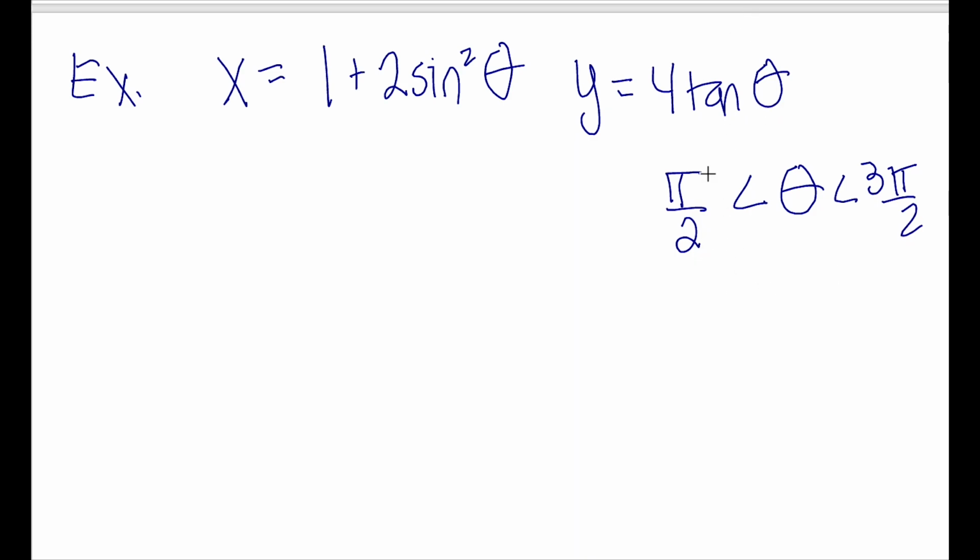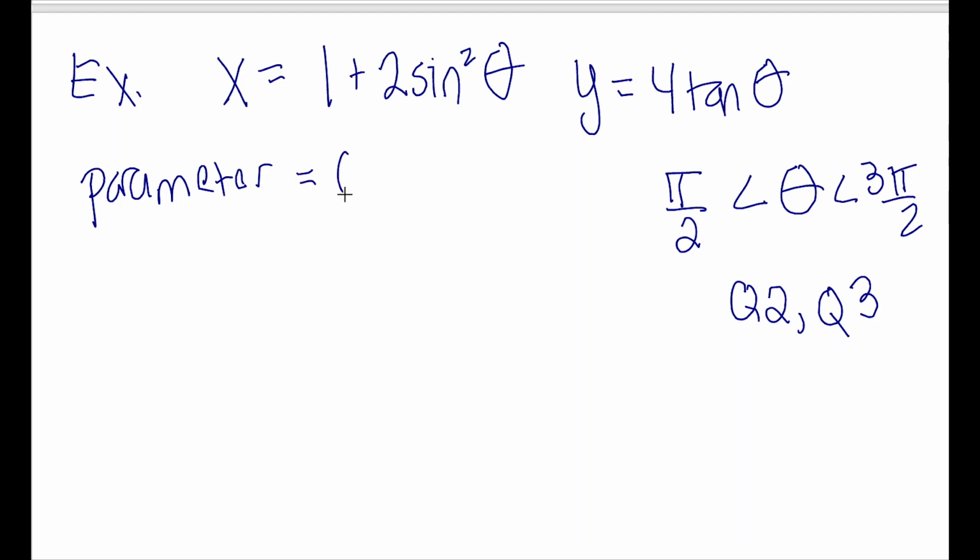Remember, when we do calculus, we're always working in radians. So that means it's going to be in quadrant 2 and quadrant 3. Remember, our parameter is the variable that they both have in common. In this case, it's theta.